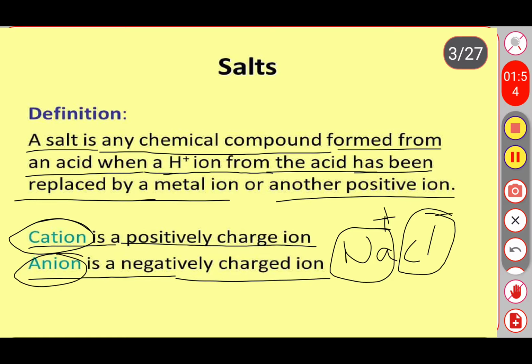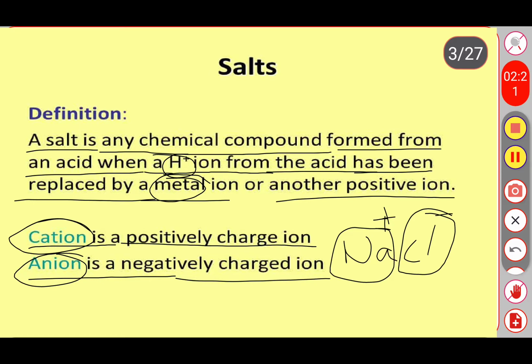So a salt is a compound formed from the acid when hydrogen ions from the acid have been replaced by metals. The hydrogen is replaced by metals, whether it may be sodium or magnesium, whatever it may be.